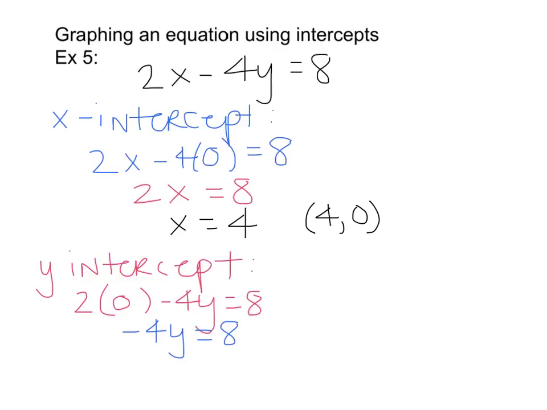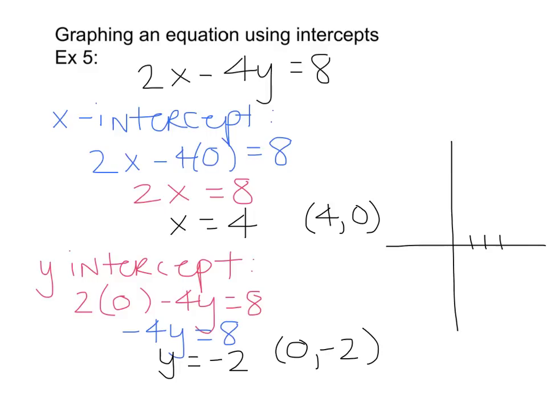Divide both sides by -4, and so that gives me y equals -2. So this is the point 0, -2. Let's graph those 2 points. So 4, 0, 1, 2, 3, 4, put a dot. 0, -2, put a dot. As long as you have 2 points, that is enough to make a line, so we just connect them. And your graph looks like so.